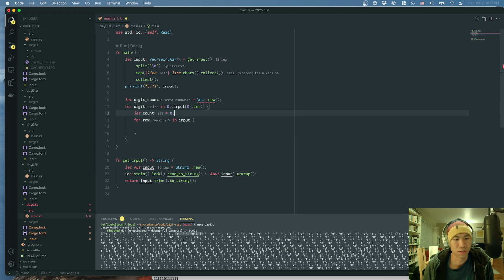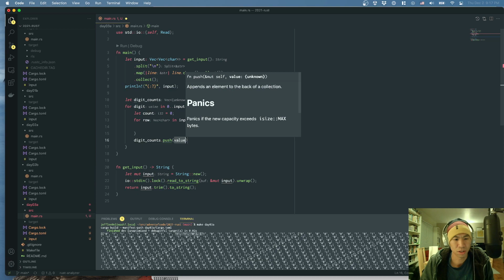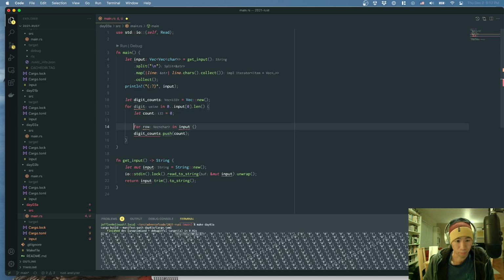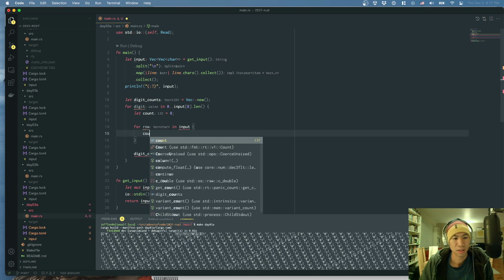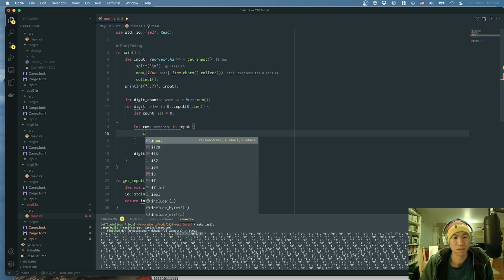So the count for the digit we're going to put up here, and then we're just pushing onto the end. Is it push? Yeah. Count. Great. All right, so now we're looping over the rows of the input, and we're going to say count plus equals, let's just do this.